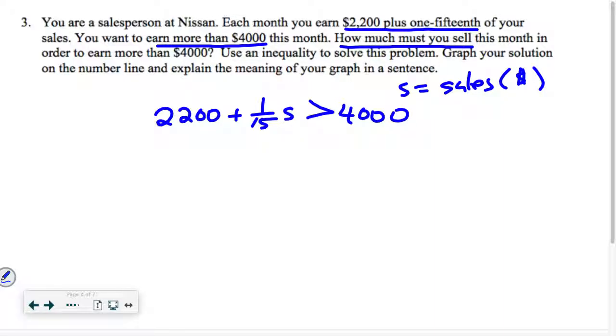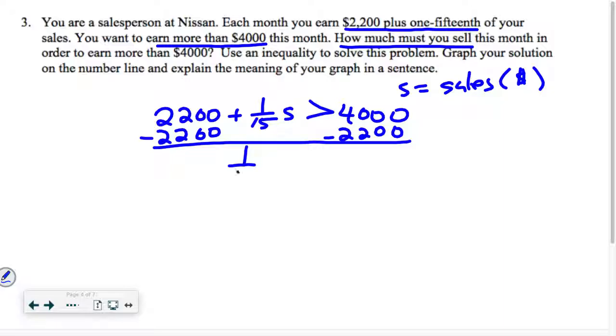So we need to use this to find out how many sales we need to make. So we'll subtract 2,200 from both sides. 1/15 times S is going to be greater than 1,800. And now to undo this fraction, I'm going to multiply by its reciprocal on both sides.